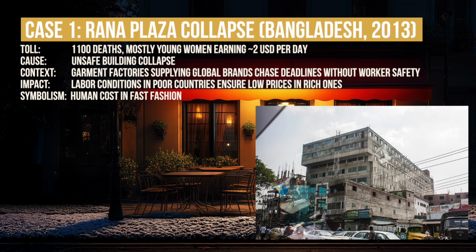Some factory bosses allowed their workers to stay home, but others, facing order deadlines, did not, ultimately leading to the deaths of their employees. This case is a good example for discussing global production networks because it highlights how global supply chains are interconnected and how poor labor conditions in developing countries help keep prices low in developed ones.